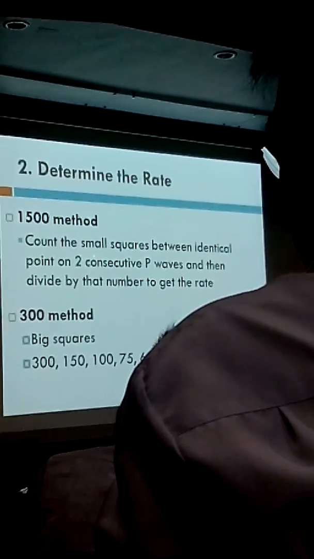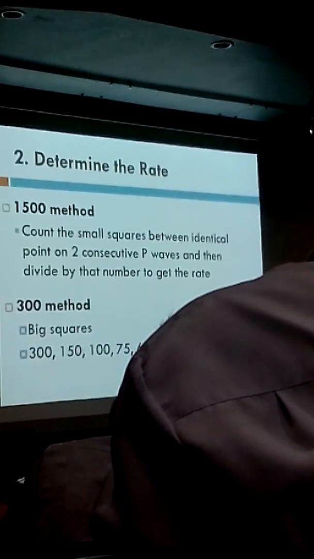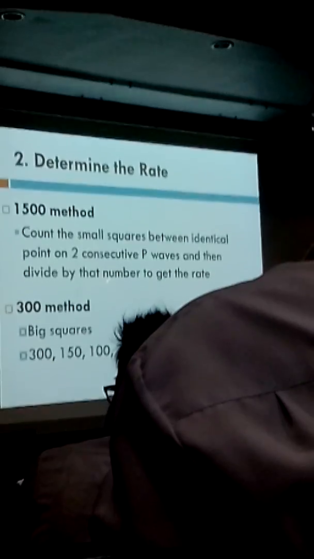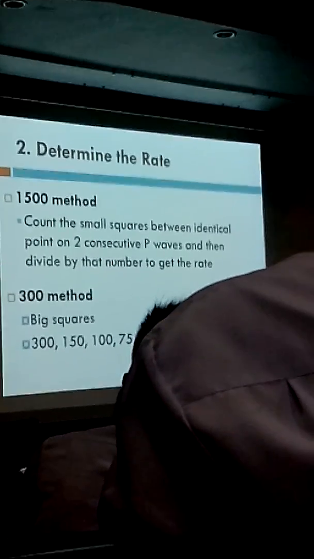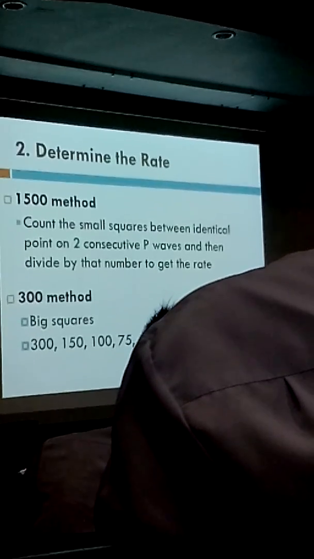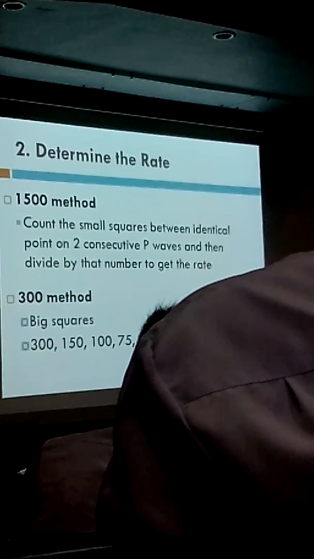Here you just have to count the number of small squares between the identical points on two consecutive P waves, and then divide 1500 by that number to get the rate of the beating of the heart.